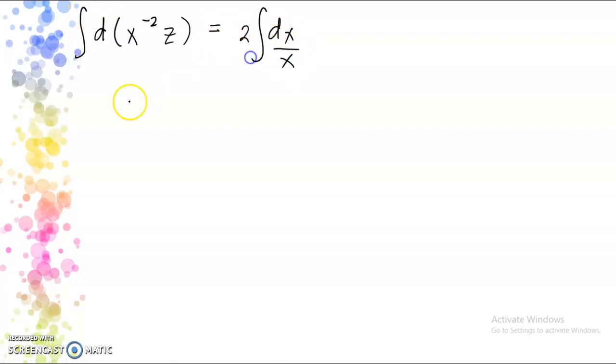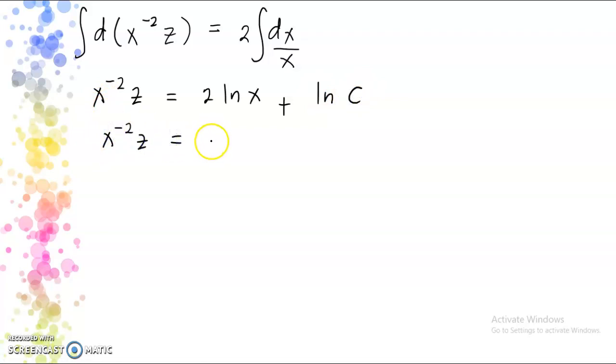Integrating, we have x negative 2 z equal to 2 ln of x plus ln of c. Therefore, x negative 2 z is equal to ln x squared c.